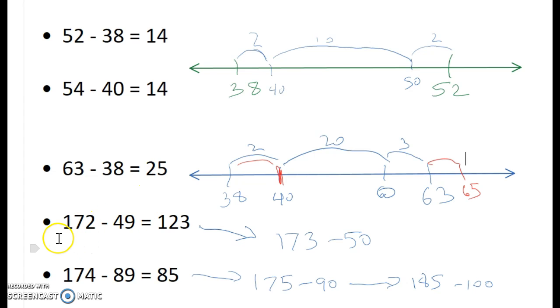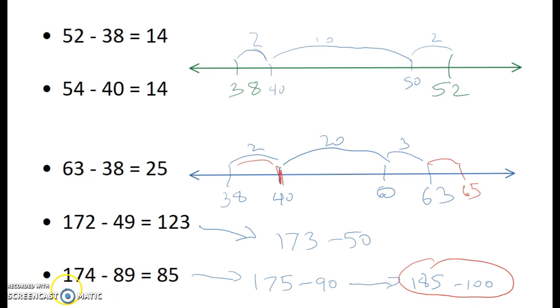Then for the last two, same thing, 172 minus 49. See if you can get them to change the problem to 173 minus 50. And 174 minus 89, see if they can shift that to 175 minus 90, or even from there to 185 minus 100. That's a super easy problem to do.